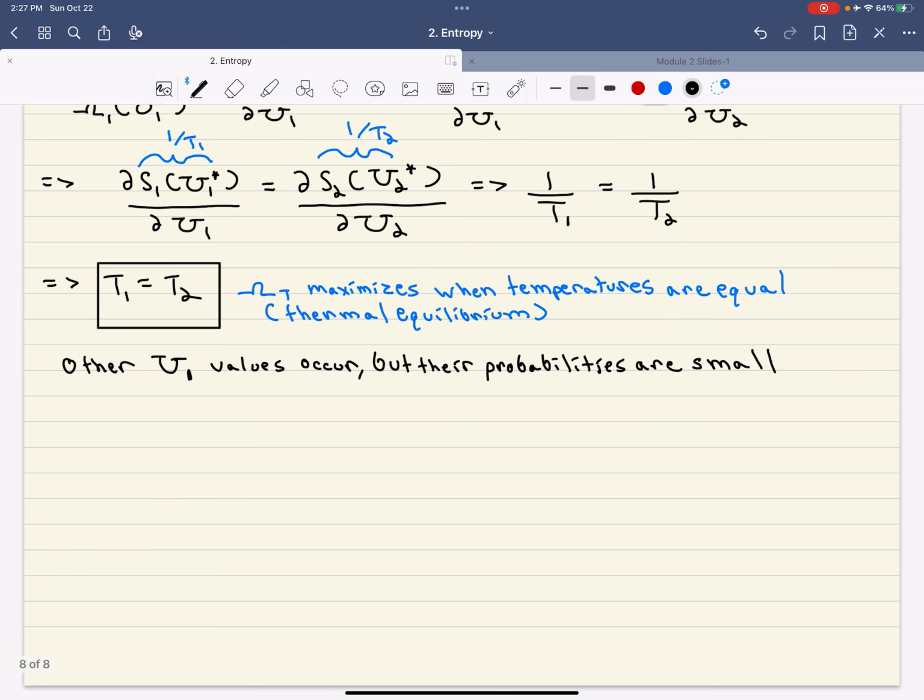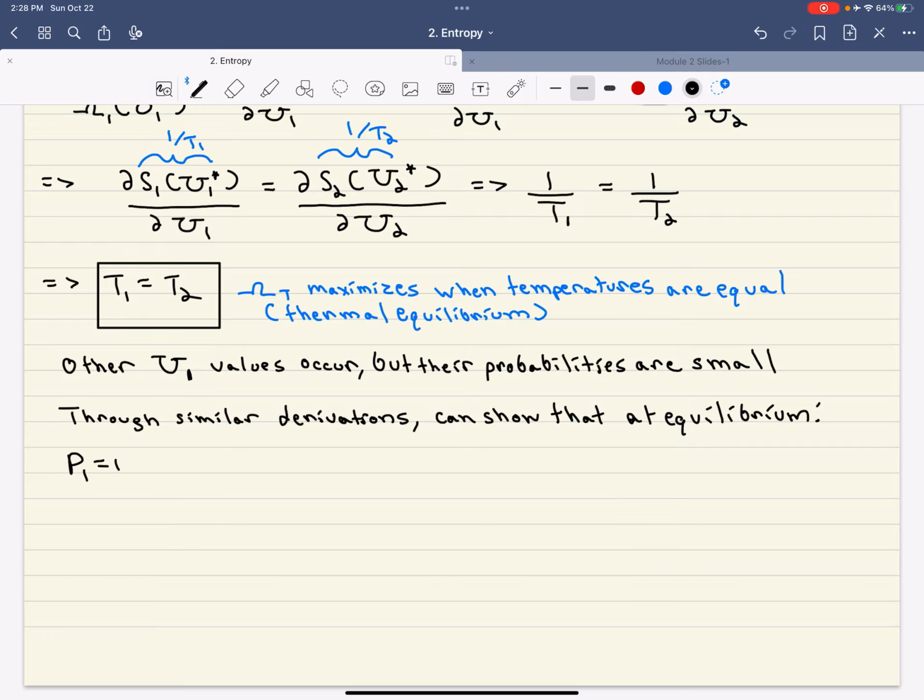But we could also similarly derive other sorts of equilibrium relationships. Specifically, we could show that at equilibrium, the following are true. The two pressures of the subsystems are equal, and the two chemical potentials of the subsystems are equal.